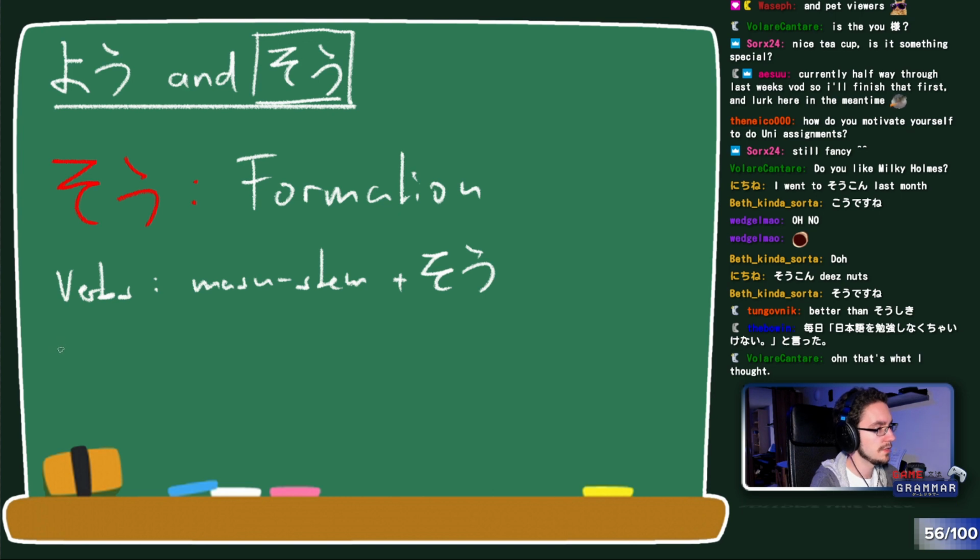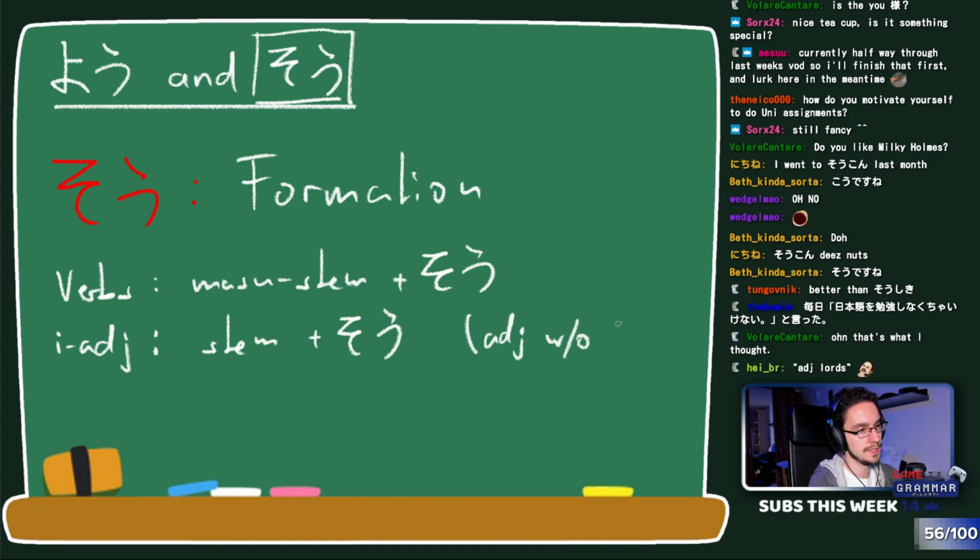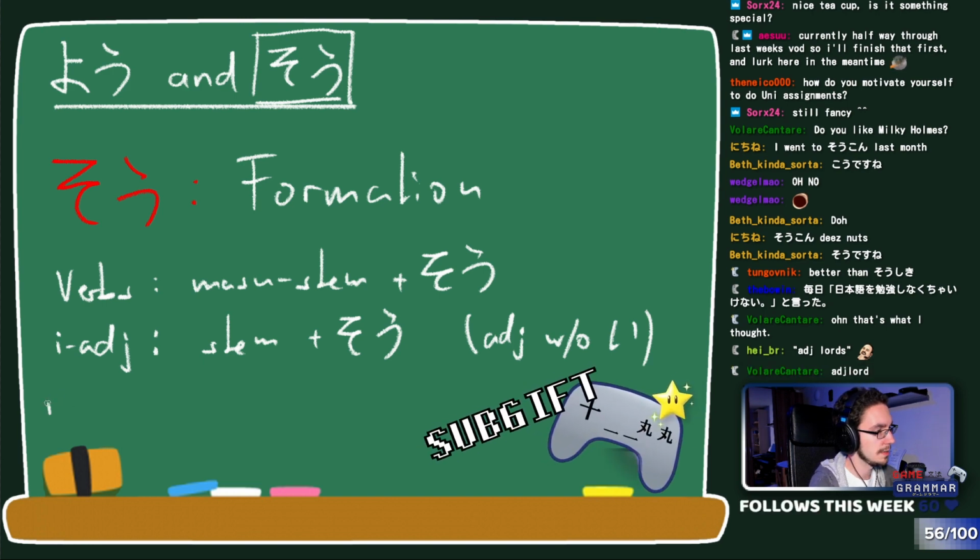For i-adjectives, you will generally use the stem of the adjective plus so. That's a really ugly so. The stem here is basically the adjective without the i at the end, okay? That's the stem generally. And then non-adjectives, verbs work the same.